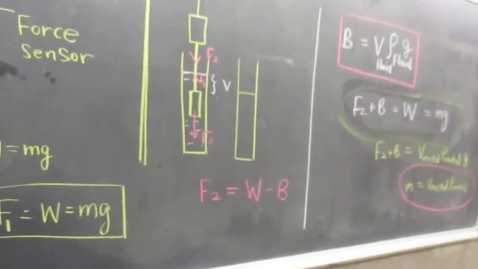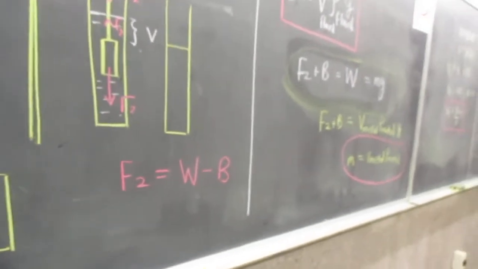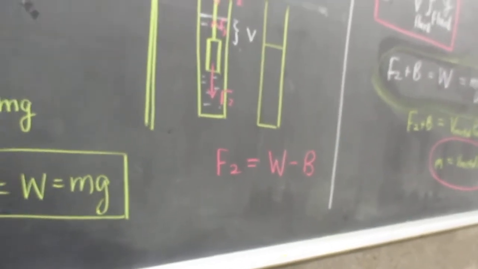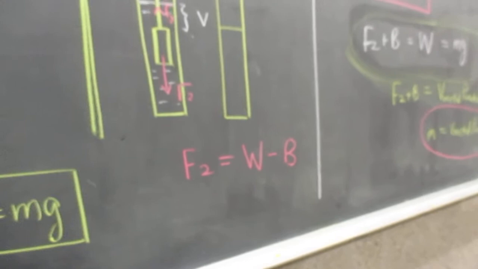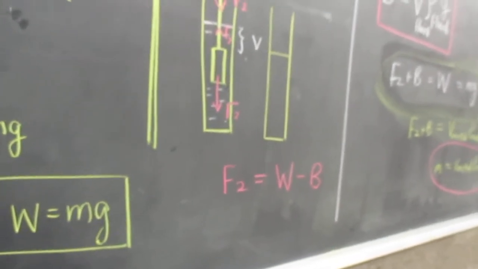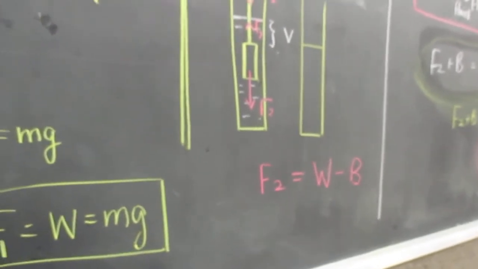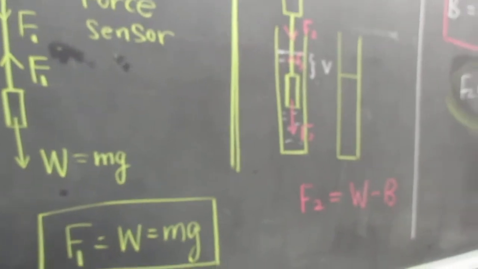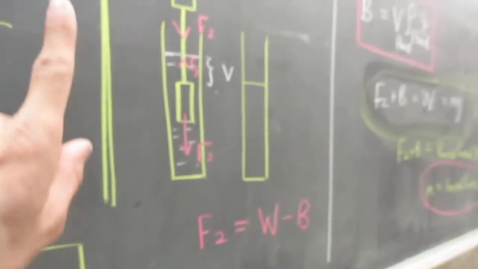So we wouldn't call that the weight anymore, we would call it F2. Now that's just the difference of the weight as opposed to the buoyant force. So we know that the measurement of force while it's submerged will be less than the weight of the object because the buoyant force is acting upwards.